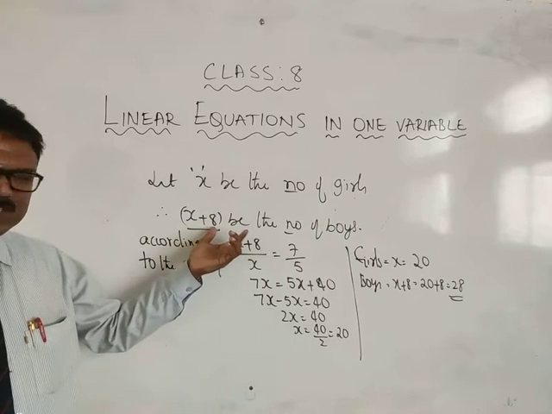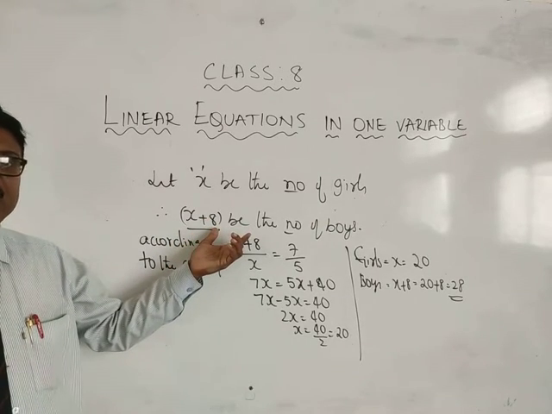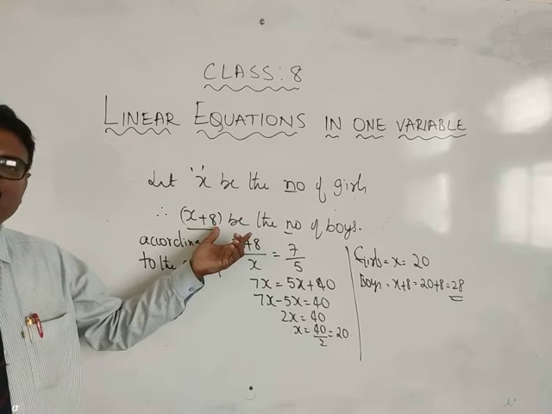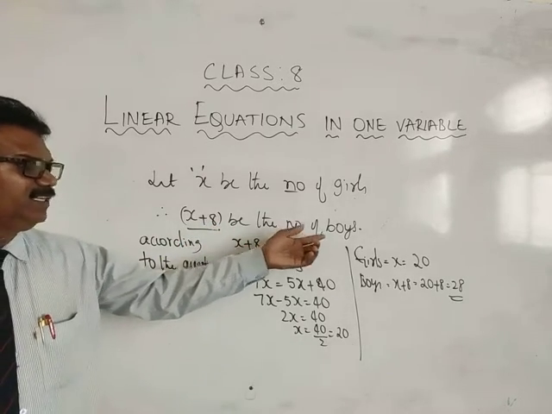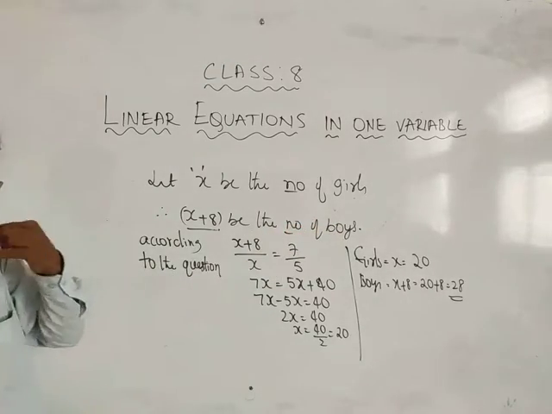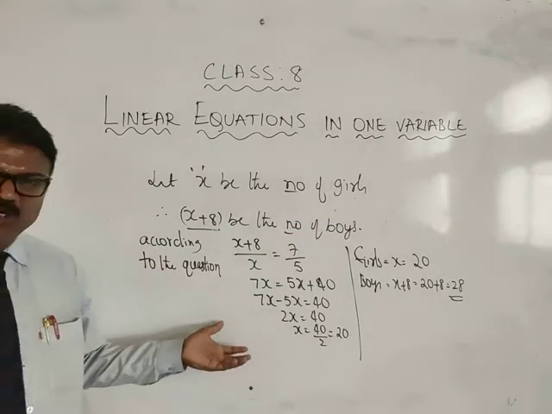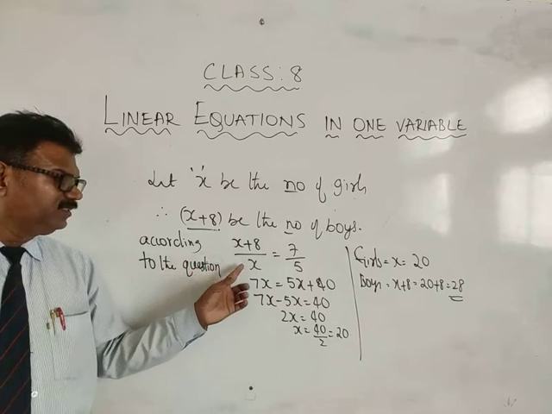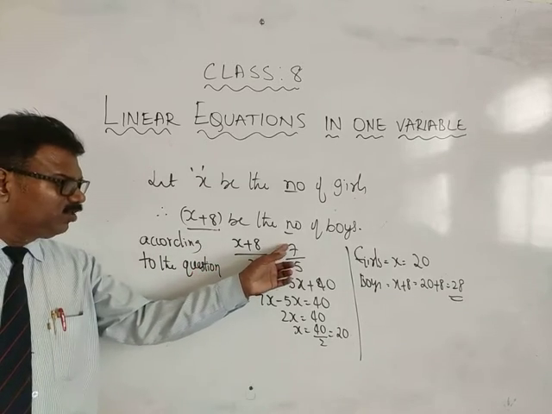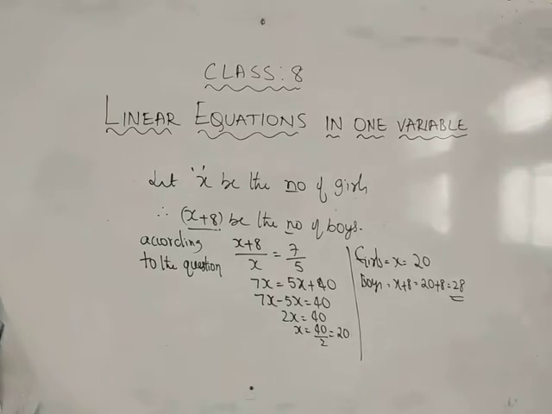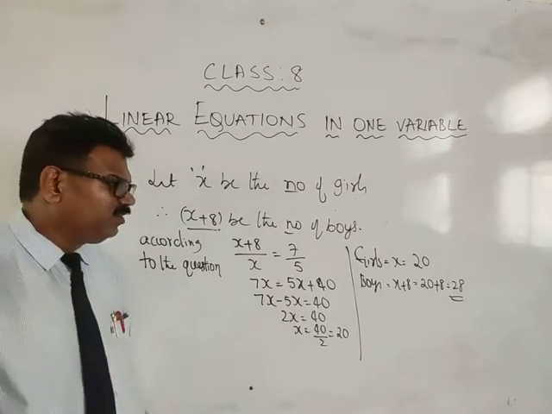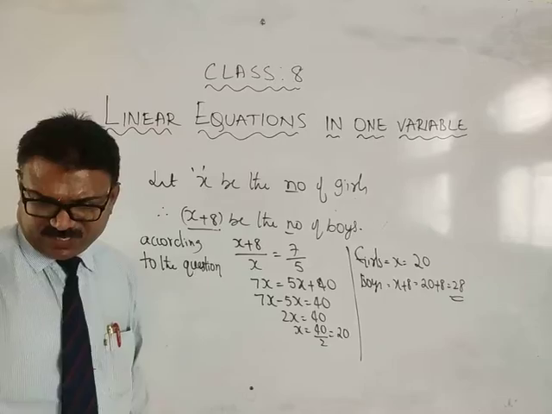How many? 8 boys more than girls. Therefore, x plus 8 be the number of boys. Now, according to the question, boys divided by girls equal to the ratio. Then this will be the answer. Therefore, girls will be 20 and boys will be 28. Okay? Right.